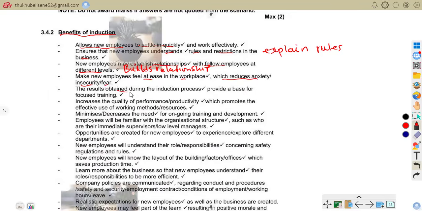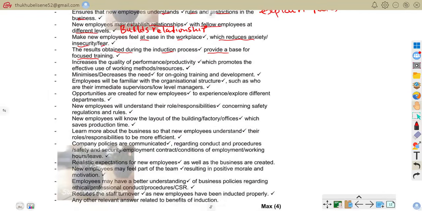The results obtained during the induction process provide a base for forecasted training. So meaning it improves what? Productivity, because of faster job performance. So now let us move on. Also increase the quality, performance, and productivity, which promotes the effective use of working methods or resources.